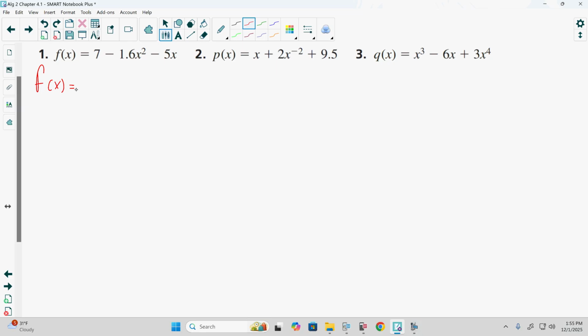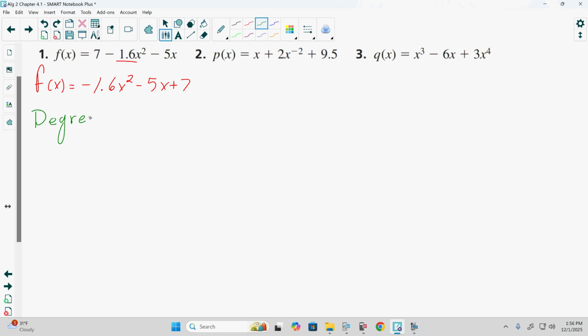Now, to write it in standard form, we need the variable with the biggest exponent to go first, which is our x squared term, telling us that the first monomial term that we have is negative 1.6x squared. Then we'd have minus 5x plus 7. So our x squared term, our x term, our constant term. Now from here we can find the degree.